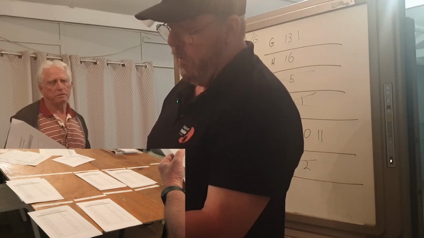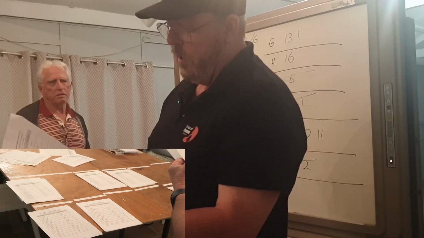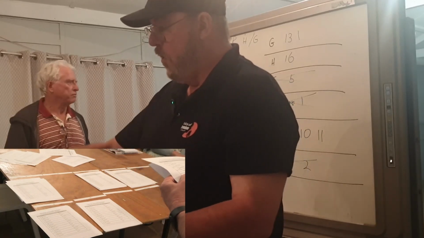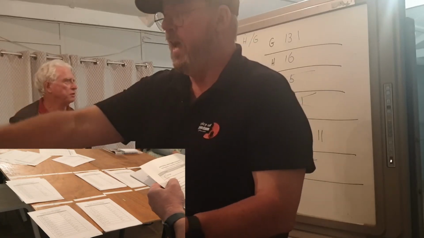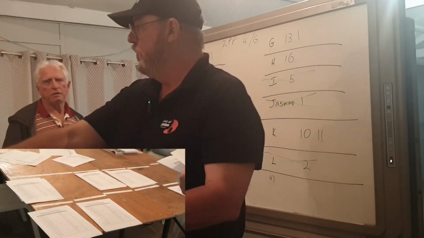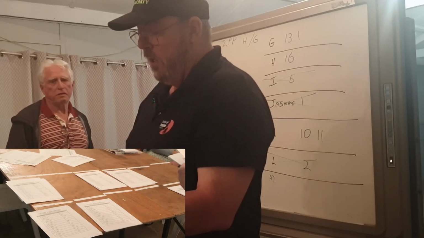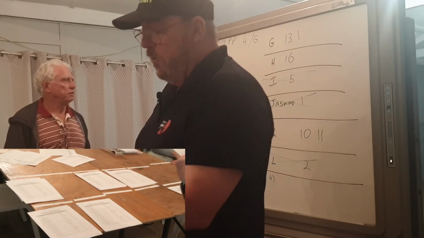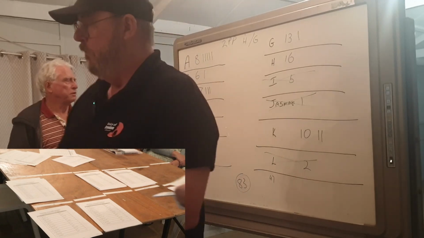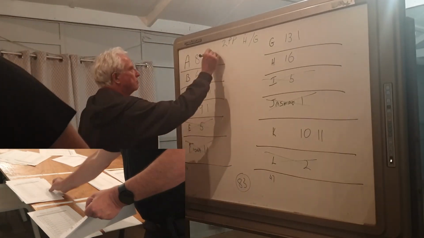Preference number 3, Fiona Clark, gone. Preference number 4 is Brooke, which means that's how it got there, because it was preference number 4 on this one. Now they're getting eliminated, so we have to move to preference number 5, which happens to be party A. So it lands on party A.